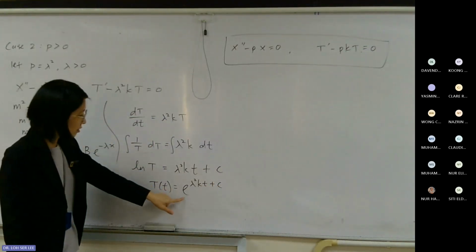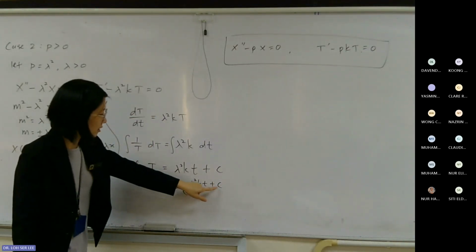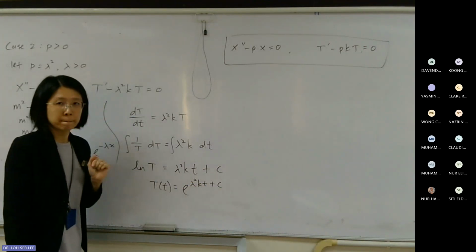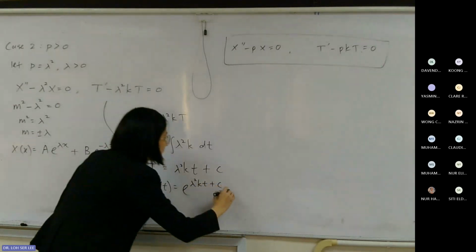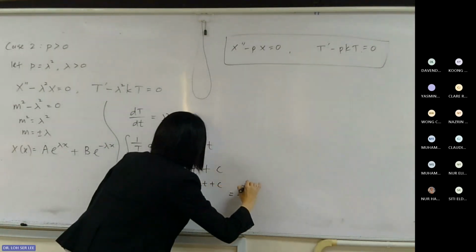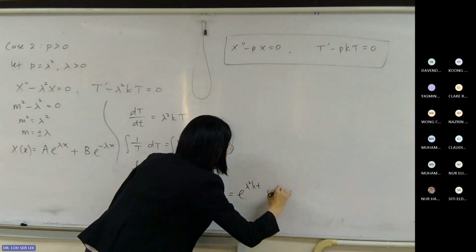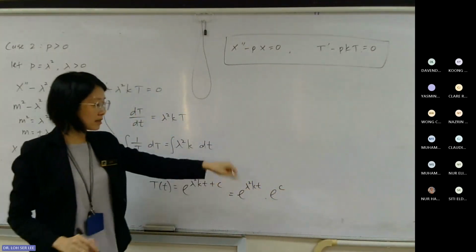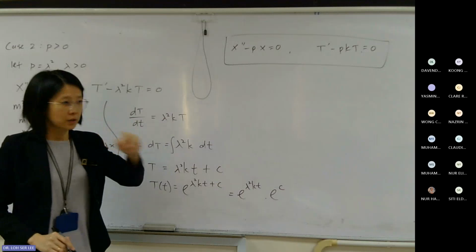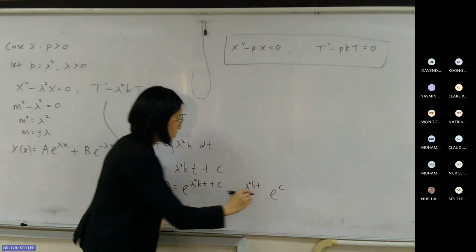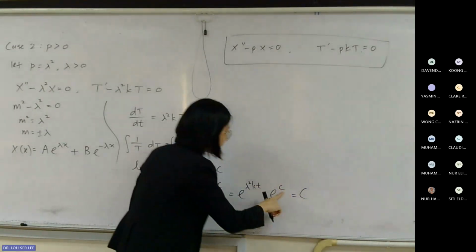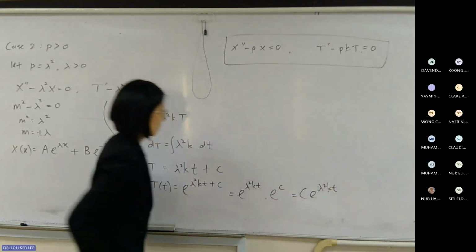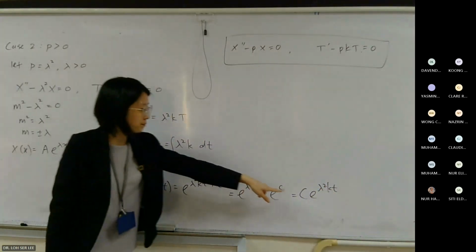Then this is e^(A+B), that means e^A times e^B. And since c is a constant, e^c is also a constant. So we let this be a new constant, which is uppercase C. This is e^(lambda squared kt). So this is your T now.